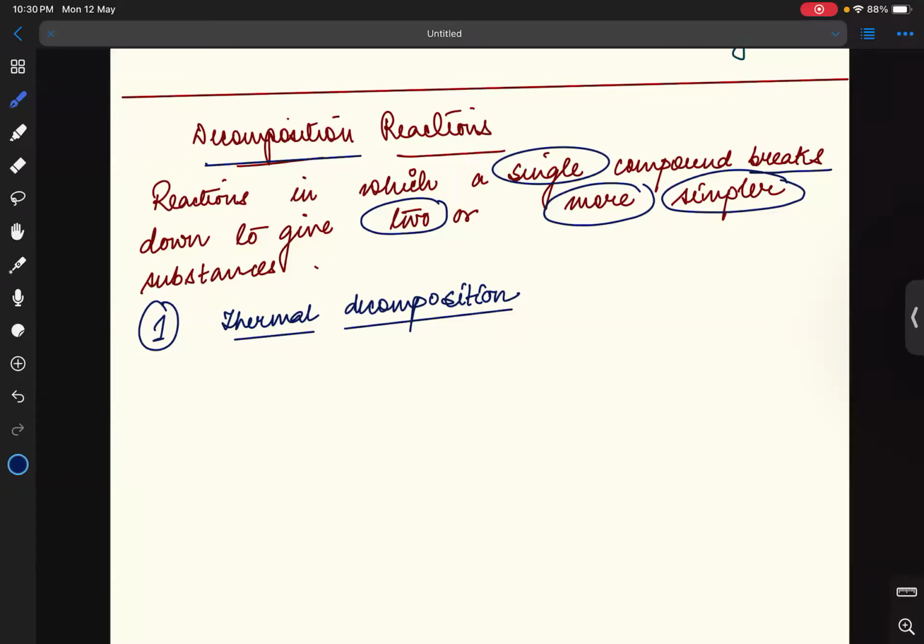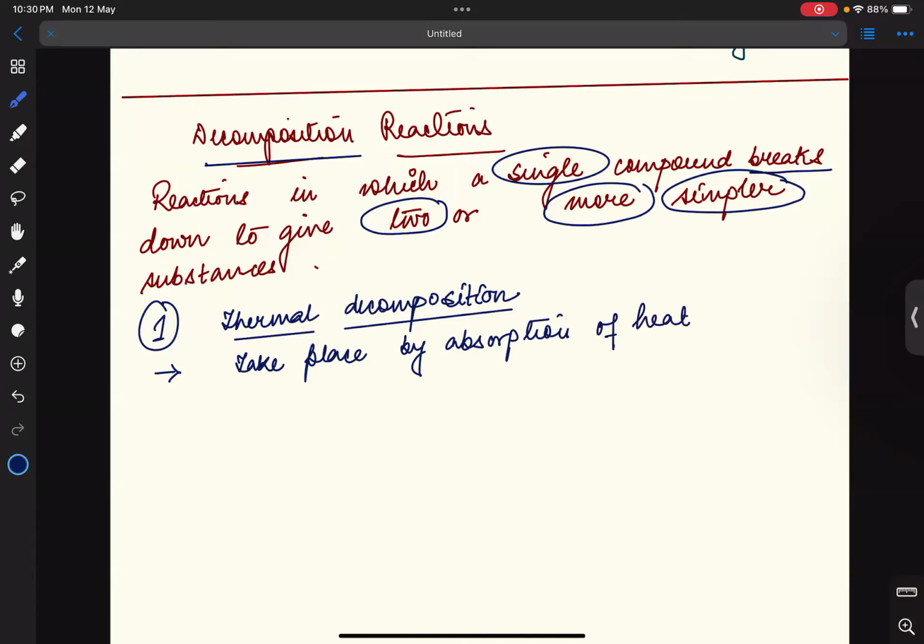So thermal decomposition reactions are decomposition reactions which take place by absorption of heat. Now, in boards, you get activity-based questions.